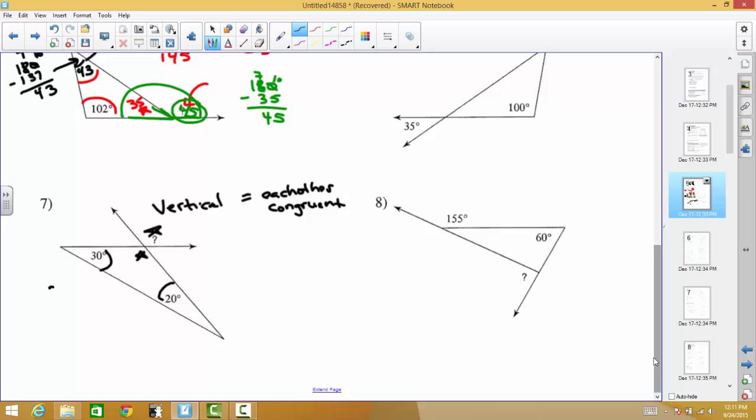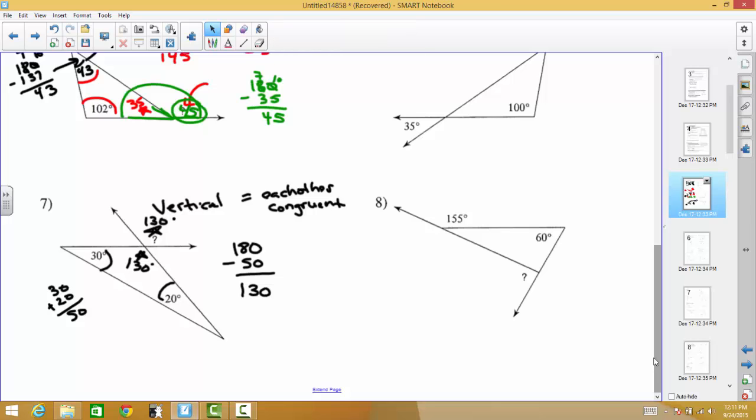So 30 plus 20 is 50. So 180 minus 50 is 130. So this angle would be 130 degrees, which means this angle would be 130 degrees. Now you don't need to necessarily know this, but the 50 left over would be these two angles. But 130 is your answer to that question.